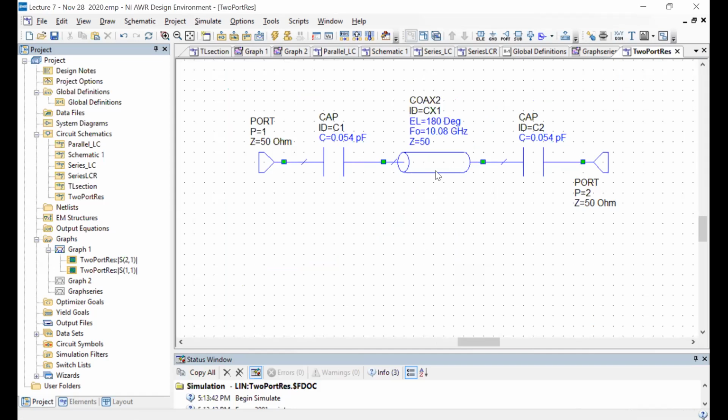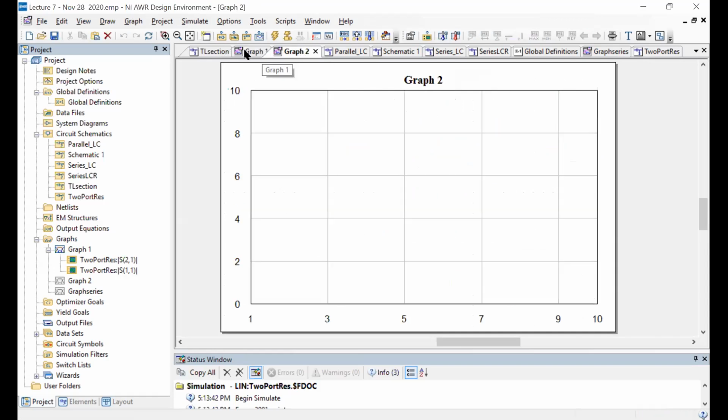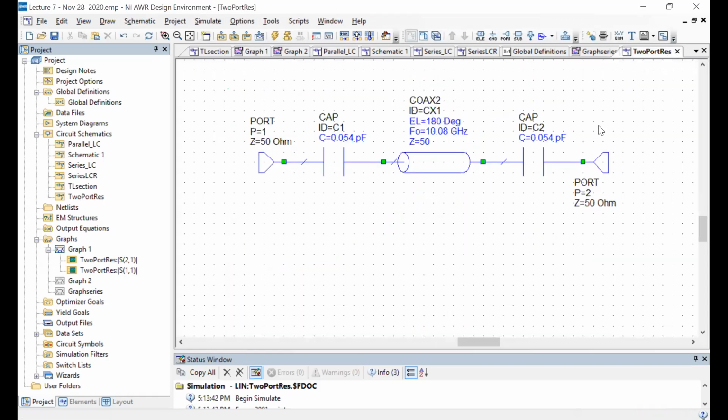So essentially what I'm going to do now is vary things here and see which of the things are responsible for allowing us to reach this unity transmission. Okay. Now, one guess, you might say, okay, this is 50 ohms, this is also 50 ohms, this is also 50 ohms.